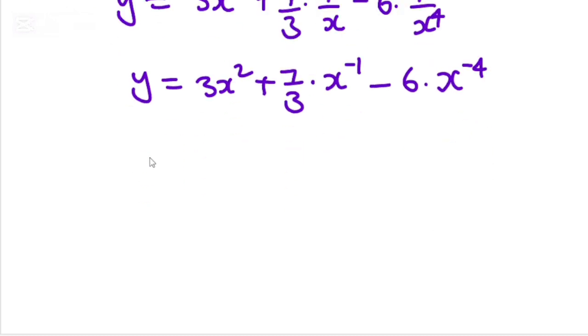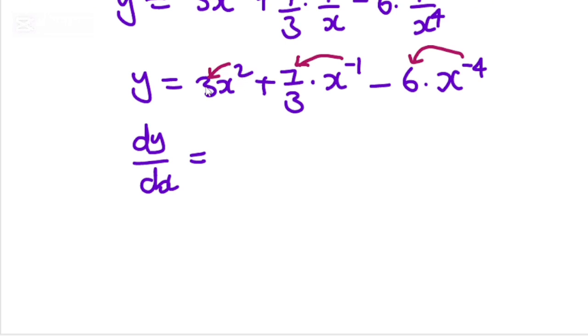So now we can go ahead and differentiate this or find the derivative of this. So we have dy over dx is equal to, this power will multiply by the coefficient of x, this power will multiply by the coefficient of x, and also this power will multiply by the coefficient of x.